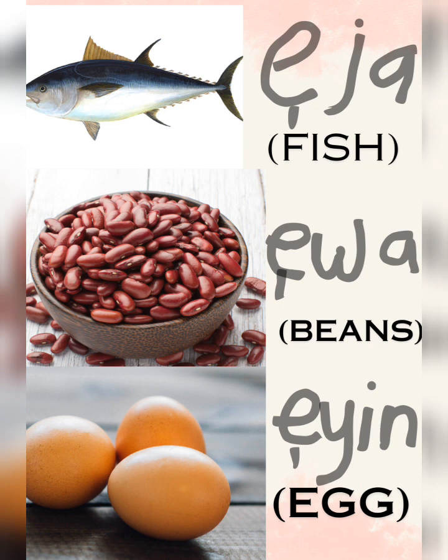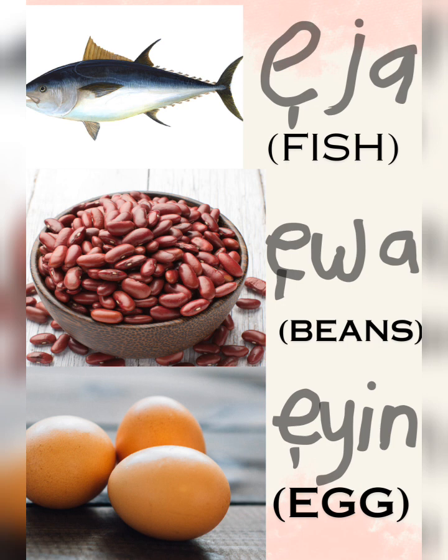This is to distinguish it from the A sound we just finished: èdè, erin, èlé. They are both written with the letter E, but they carry different sounds when pronounced. For the A in Yoruba, we don't need a dot, but for the E, we need a dot to differentiate it.